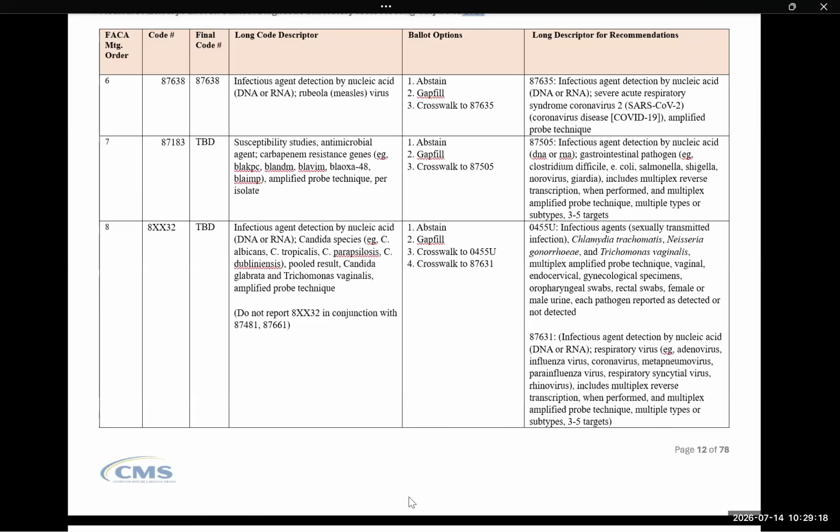All right, next up, we have another category 1 code, 87183. Yes, 87183 is a code that is being reconsidered from last year. It is for susceptibility studies, antimicrobial agent, carbapenem resistance genes by PCR per isolate.